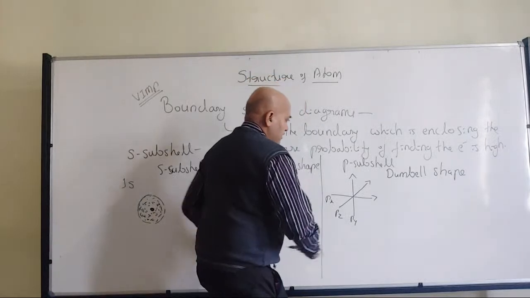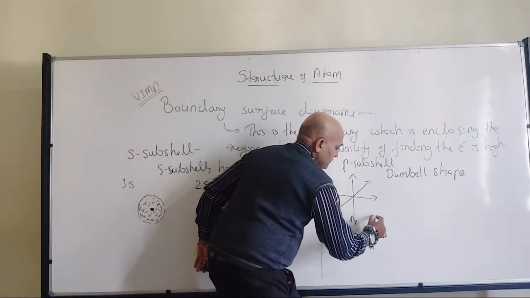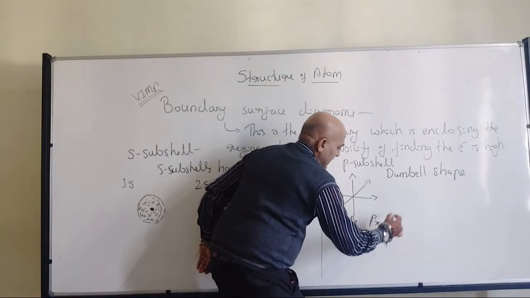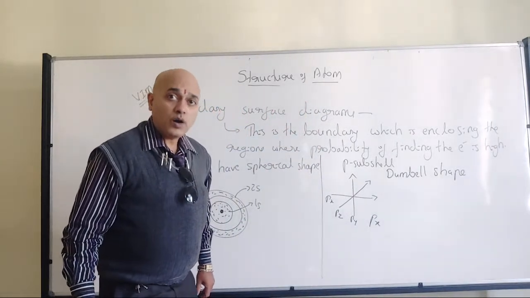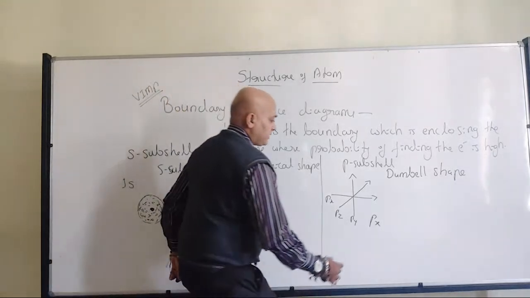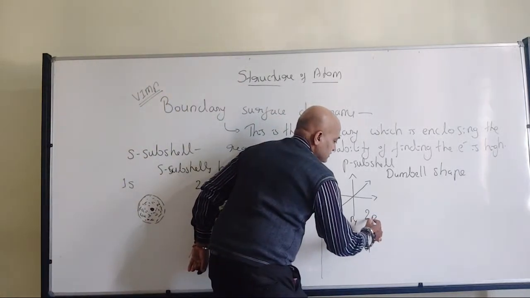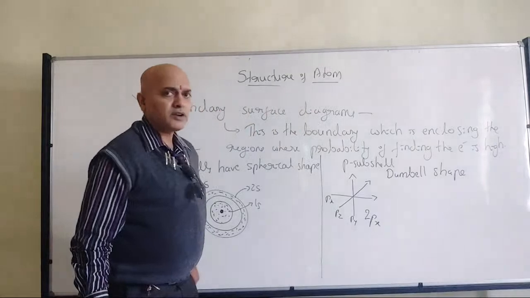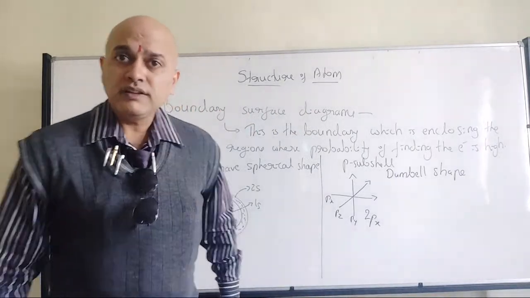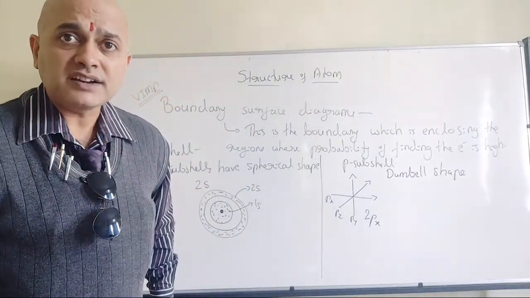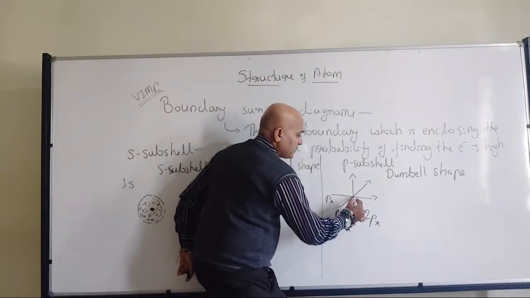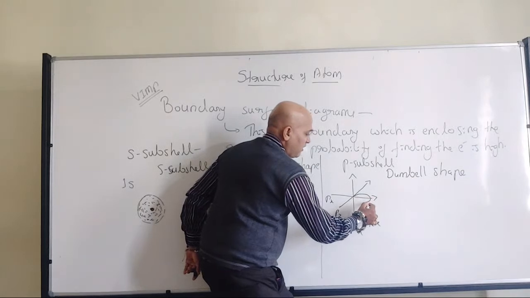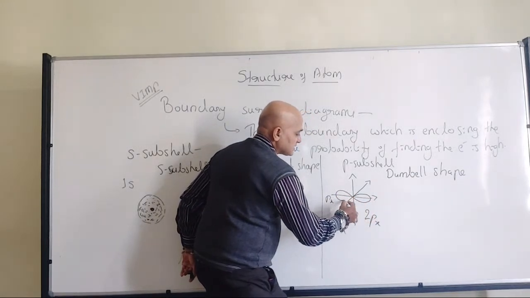Now, we have one of the p orbitals which is called px. Or, to be more appropriate, I will use the word 2px, because from energy level 2, the p subshell will start, right? So 2px. In that case, the shape of the orbital will be along the x-axis.